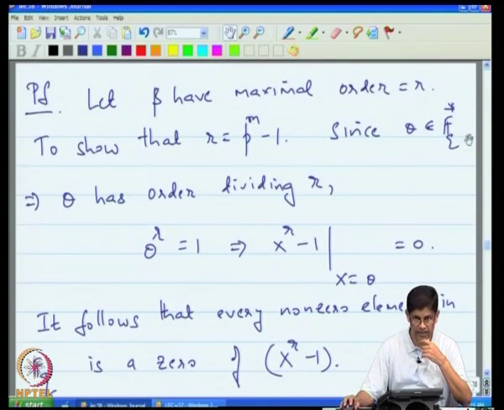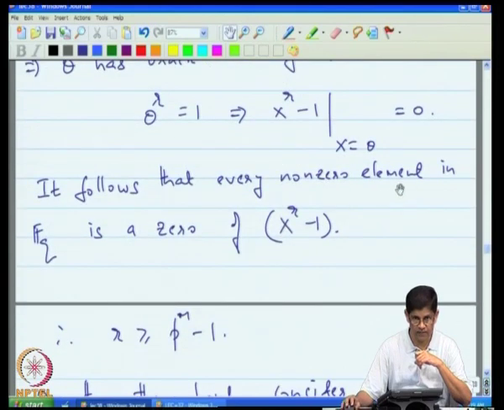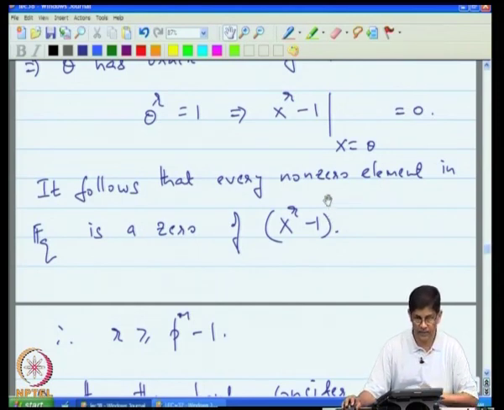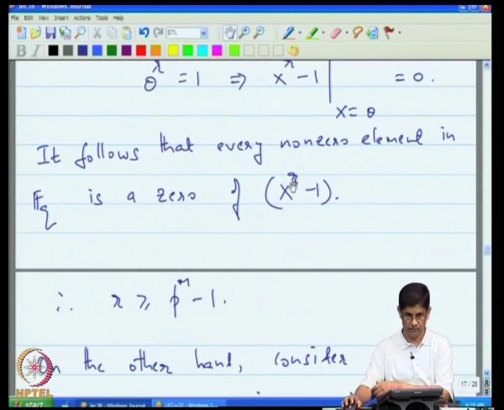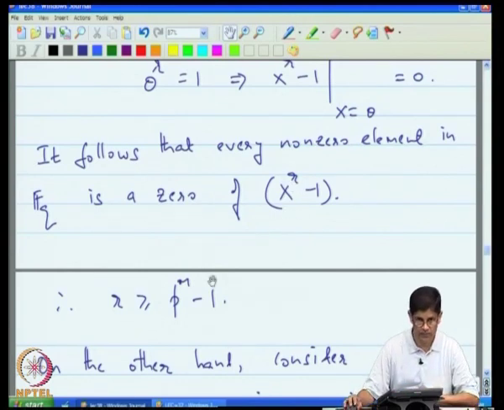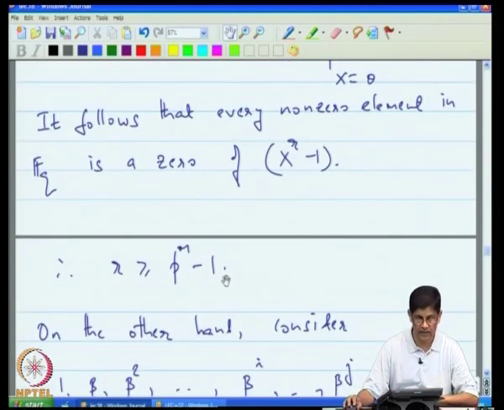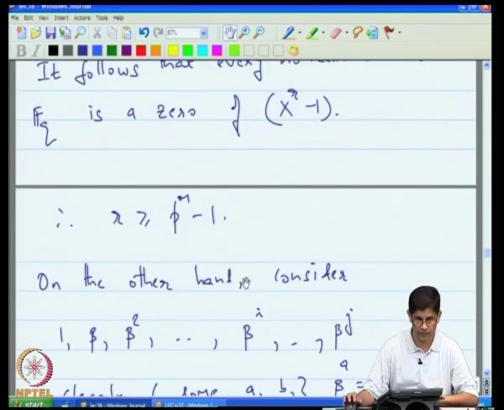But theta was just any arbitrary element in F q star. So, every non-zero element in F q is a 0 of x to the R minus 1. But the fundamental theorem of algebra tells us that a polynomial of degree R can have no more than R zeros in the field. Therefore, it must be that R is greater than or equal to p to the m minus 1.